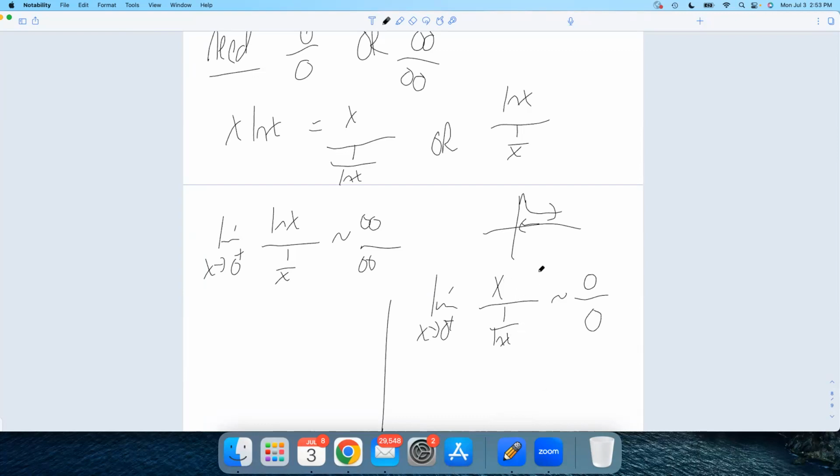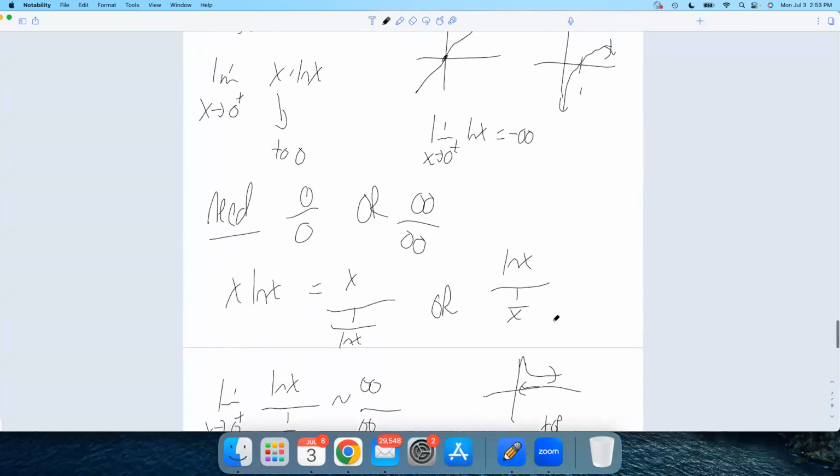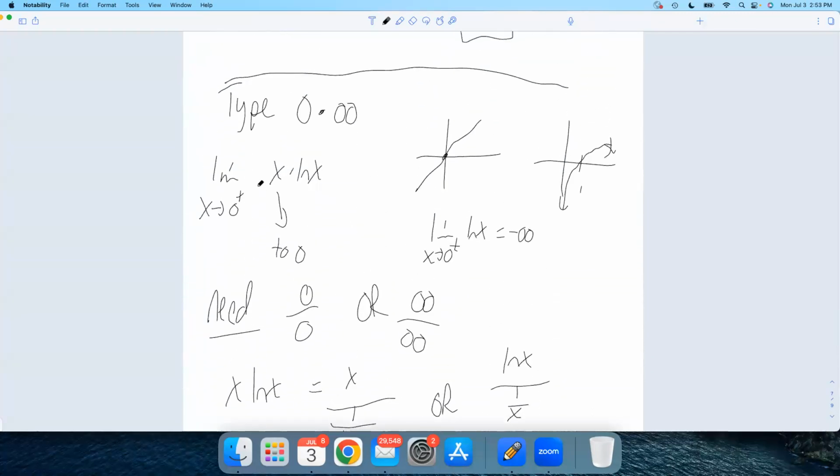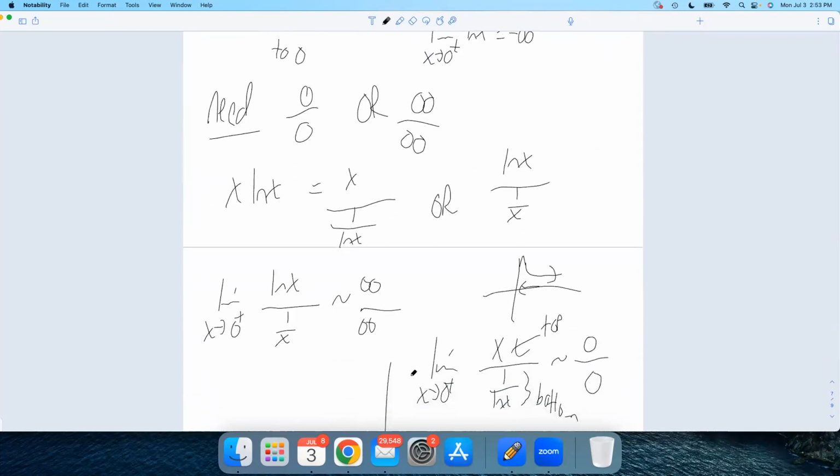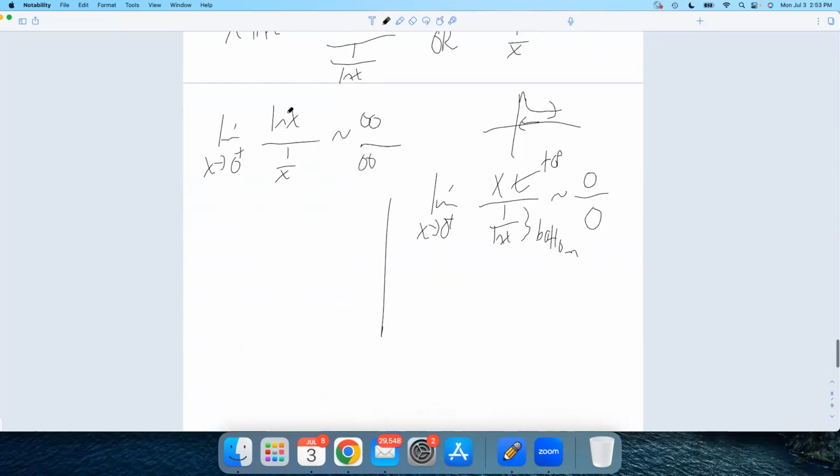Top and bottom, and when I say bottom, I mean all of that, both go to 0. So I could rewrite this guy that was 0 times infinity in either form. I could write it as 0 over 0 or infinity over infinity. And then use L'Hopital's. Let's try this guy here because he has an indeterminate form.